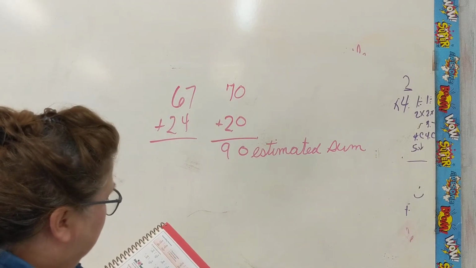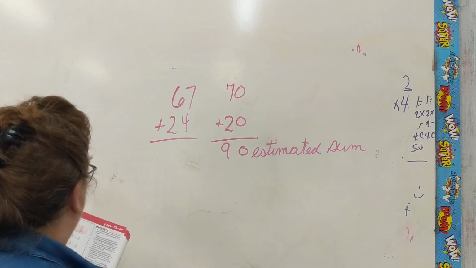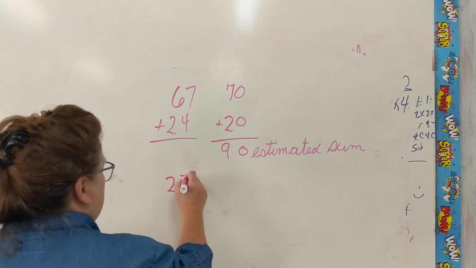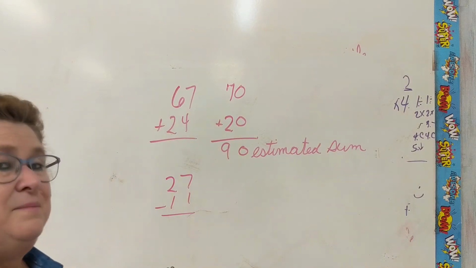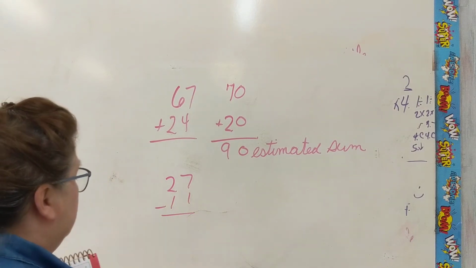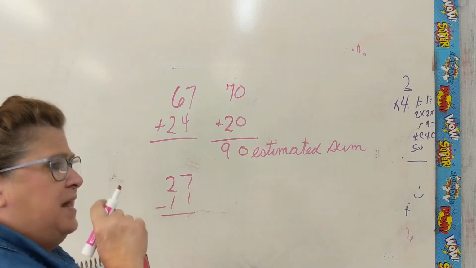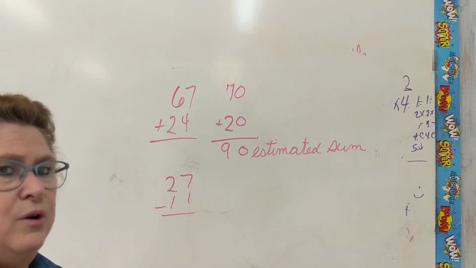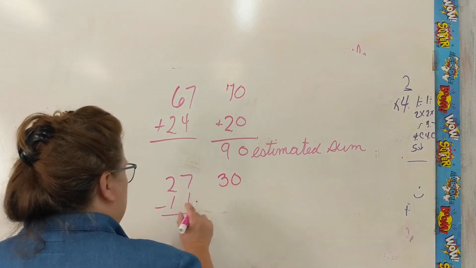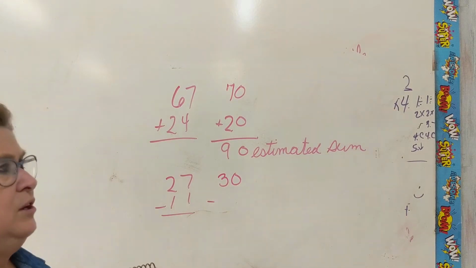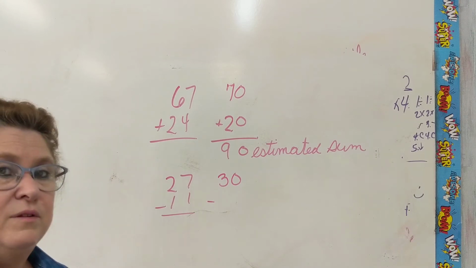It's estimated. Okay, now look at this one. If we say 27 minus 11, and they tell us to estimate the difference. So we're going to say 27. Is that closer to 20 or closer to 30? It's closer to 30. And then we're going to say 11. Is 11 closer to 10 or closer to 20?